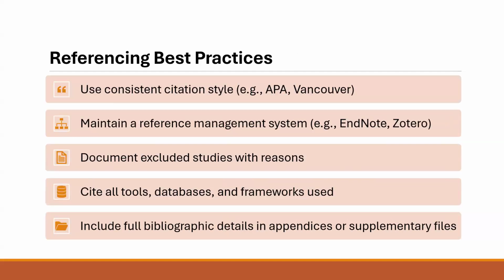So next is referencing best practices. We have different types of citation style. It can be APA, Vancouver, or NLM, or other styles. And some journals have their own specific citation style. So you have to maintain consistency in your systematic review.